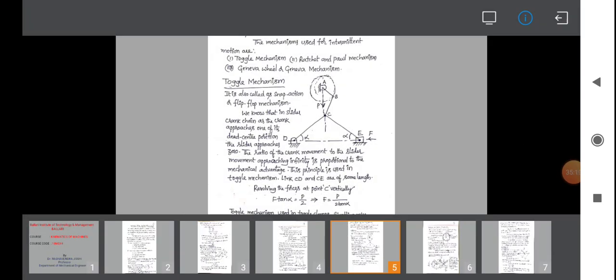Now in the figure, links CD and CE are of equal length. Here AB is a crank and B rotates with respect to the fixed point A, and this is the dotted circle which is shown. The point B will generate a circle because AB is a crank.